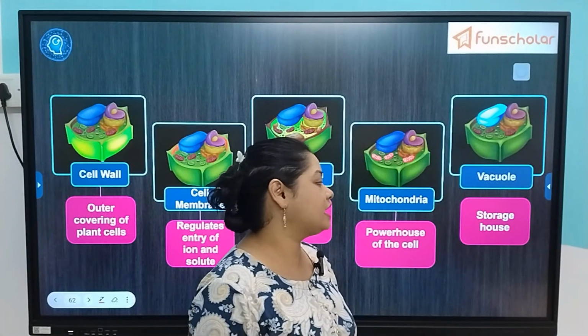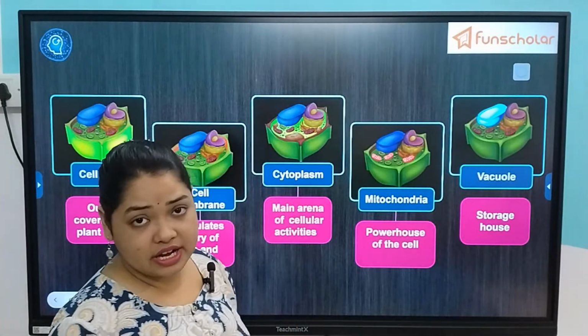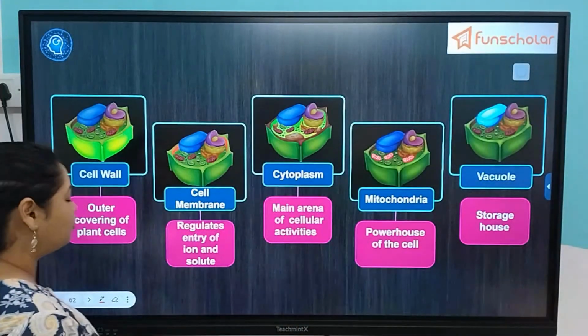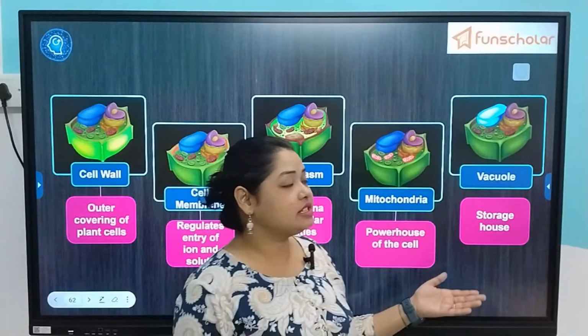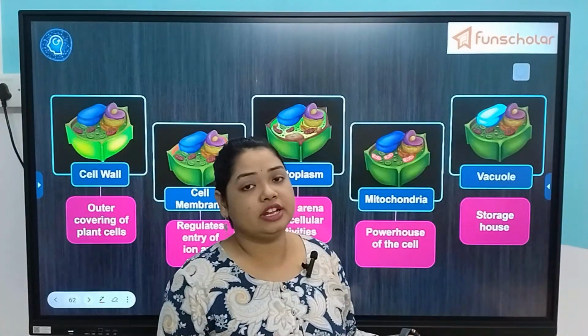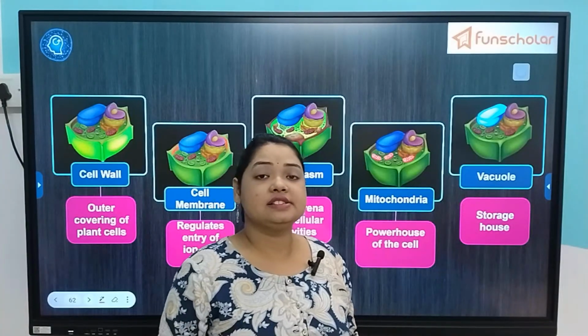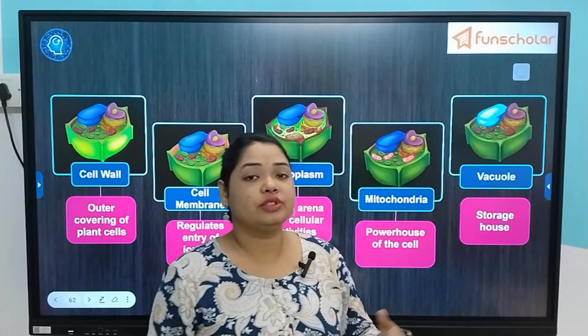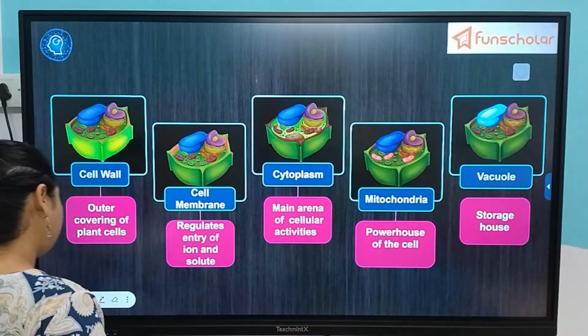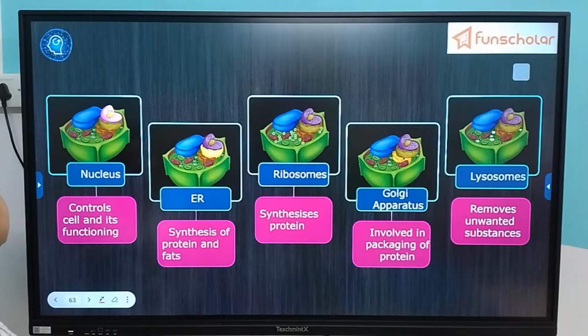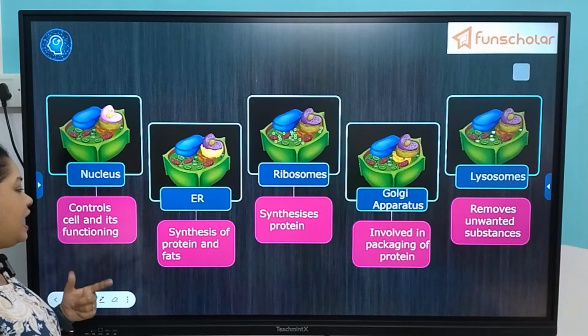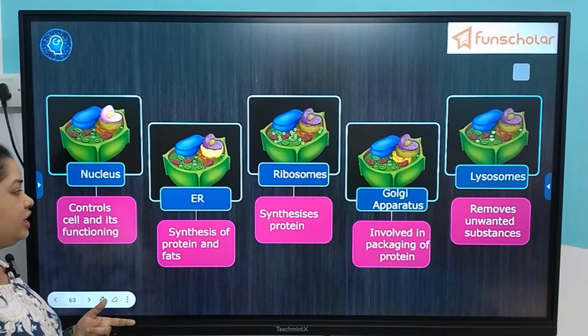And vacuole acts as the storage or the warehouse of the cell, which stores the nutrients, and also it helps to maintain the turgidity and structural integrity by providing the turgor pressure as an opposite reaction to that of the osmotic pressure. The nucleus is the brain of the cell. It controls the functioning of the cell and all the metabolic activities.